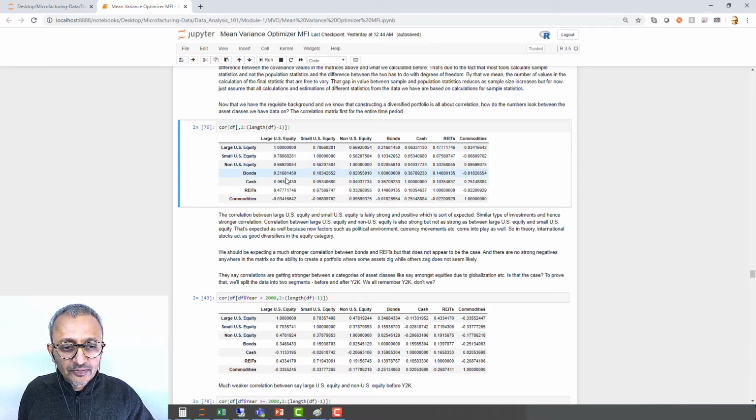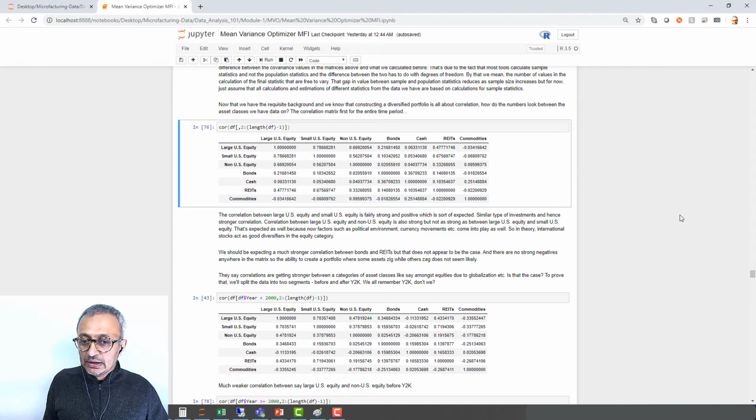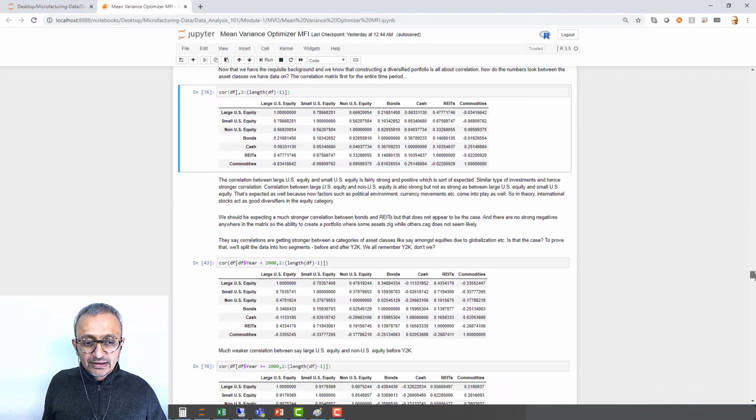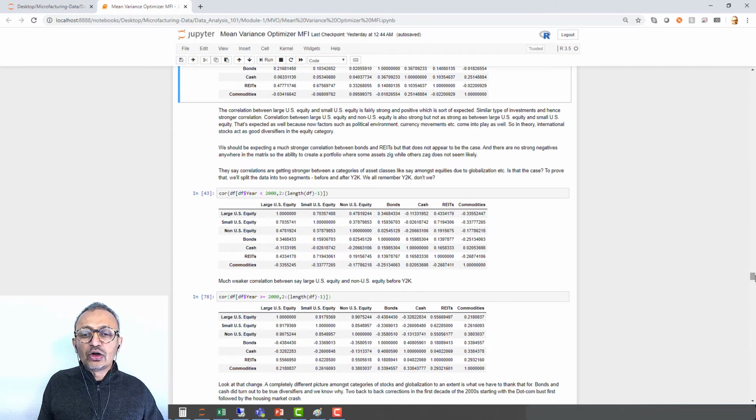And you start getting into different types of investments where you see that bonds are not as correlated. Cash and the stock market have almost no correlation, zero correlation. And then you get into commodities, which have a slightly negative correlation, right? So that all makes sense, and this is what you would typically do.